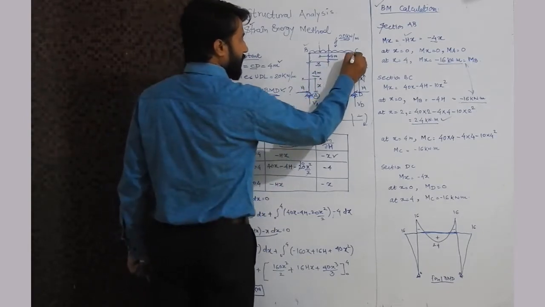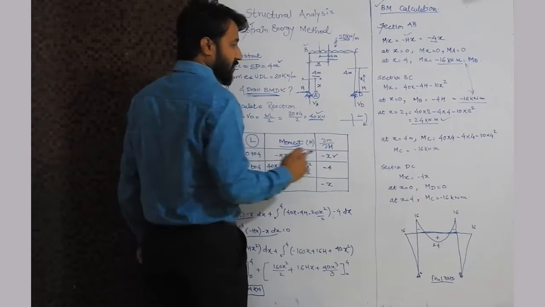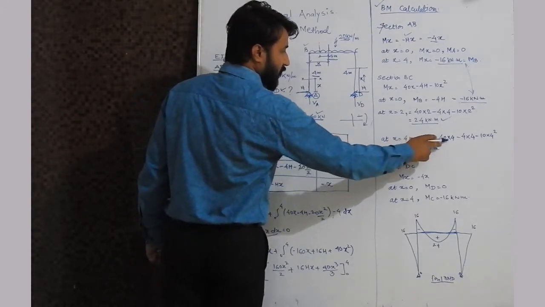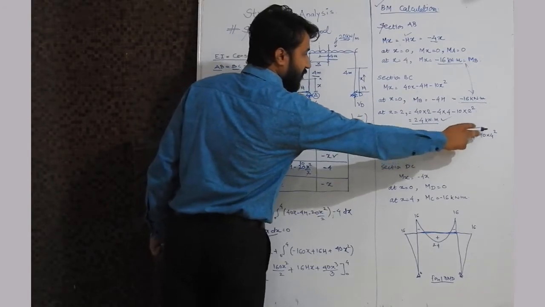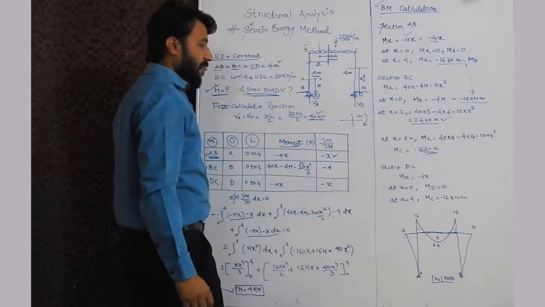Now at x equals 4 we are calculating the moment at C. So MC equals 40 into 4 minus 4 into 4 minus 10 into 4 squared. We get the value of 16 kilonewton meter.